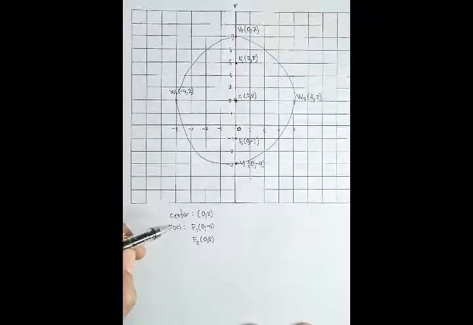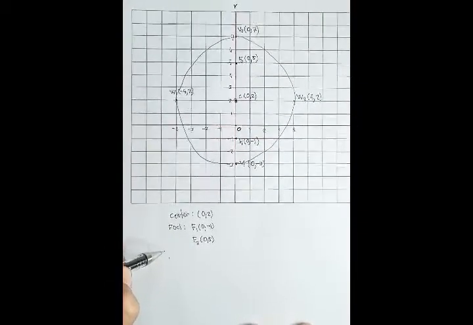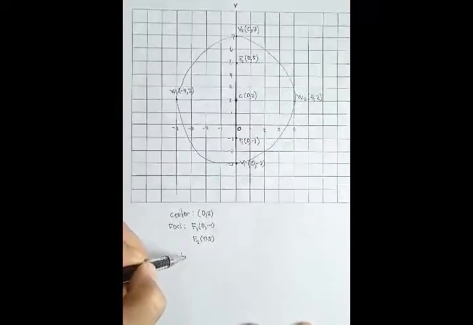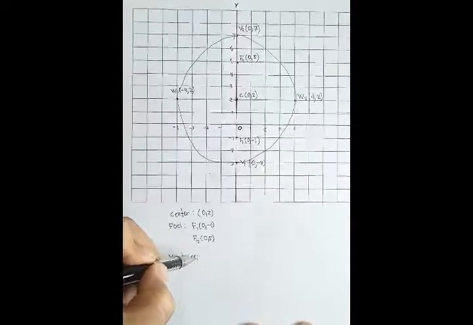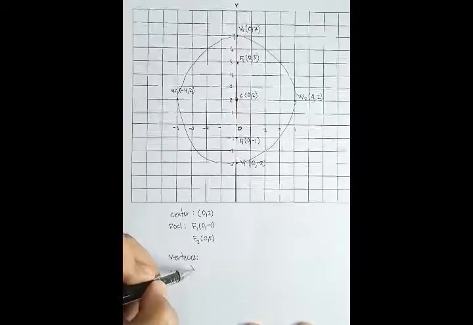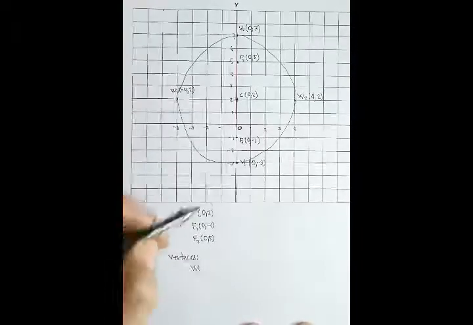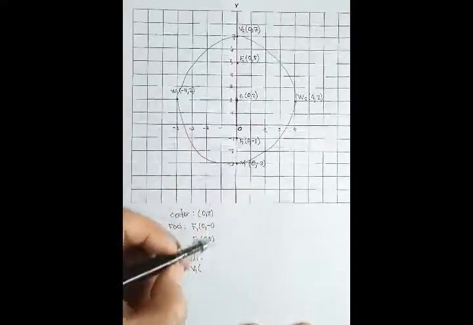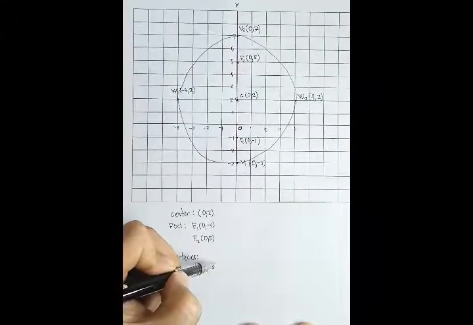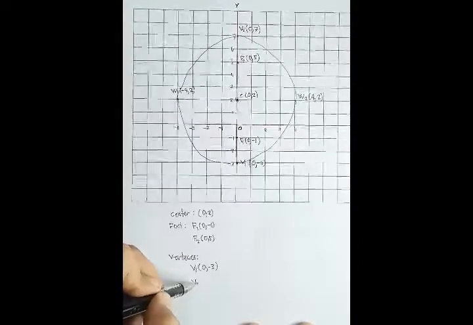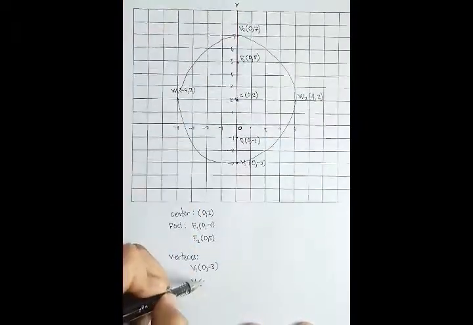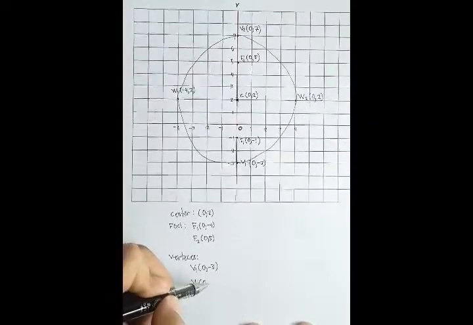Then the vertices. V1 is at 0, -3. Vertex 2 is at 0, 7.